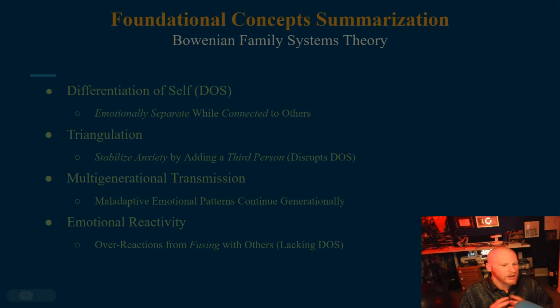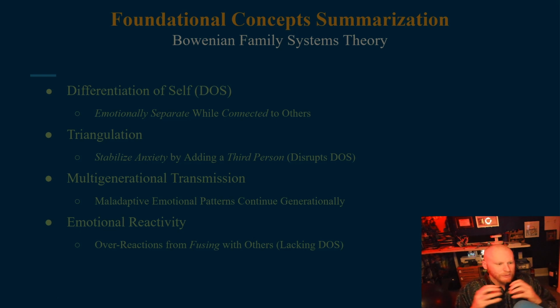Now, this is a lot of the DOS, or differentiation of self. So fundamentally we're trying to separate a person emotionally from others, even though they are connected to others, which means we're trying to make sure that they can be their own person. And then triangulation is another foundational concept, in that people might communicate with others when others are there.